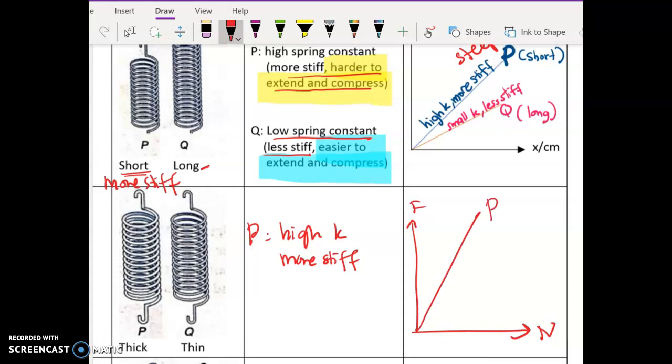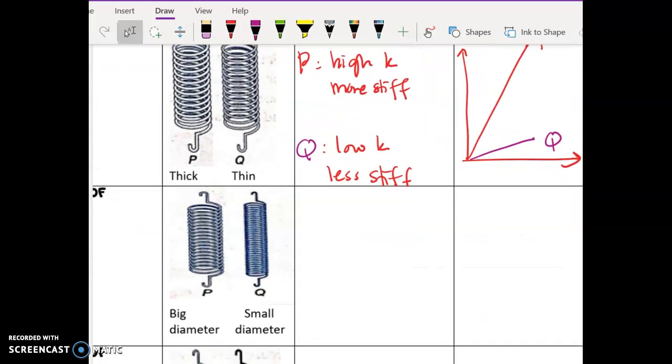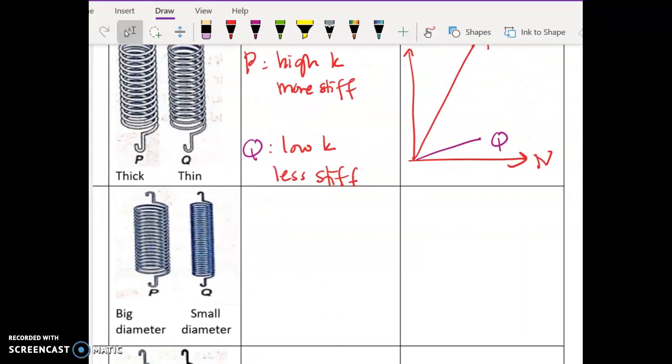So this is P. On the other hand, the thin spring has a low spring constant and is less stiff, as indicated by Q. Okay, next factor is the diameter of the spring. P is a big diameter spring. A big diameter spring is easier to compress and easier to extend. So we say that it has a low spring constant and is less stiff.